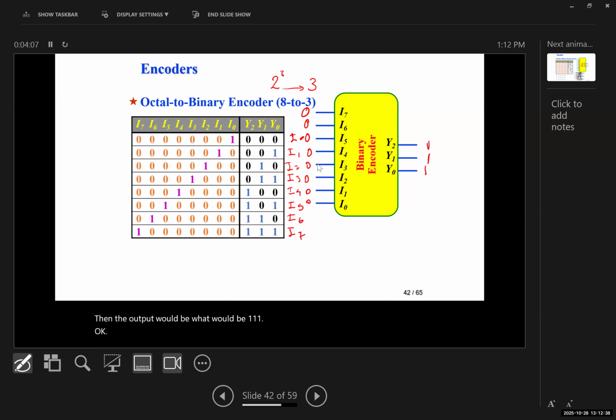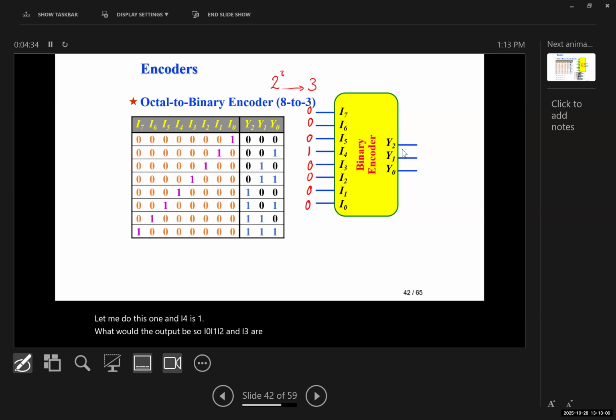Let me give you an example. If all of these are 0, and I4 is 1, what would the output be? So I0, I1, I2, and I3 are 0, 0, 0.